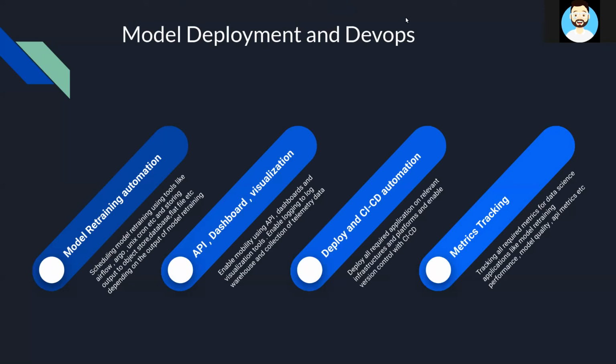We need to get the quality of the model and do visualizations around it. We can use tools like MLflow, or some other tool, to see how well the model is being trained. These are the major components in model deployment and DevOps.